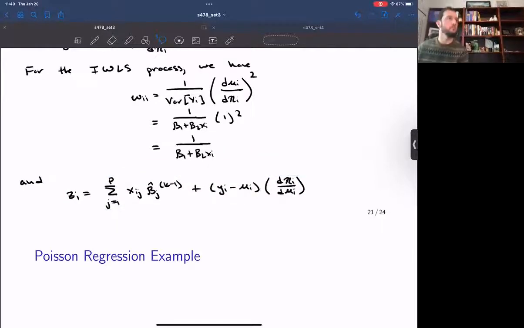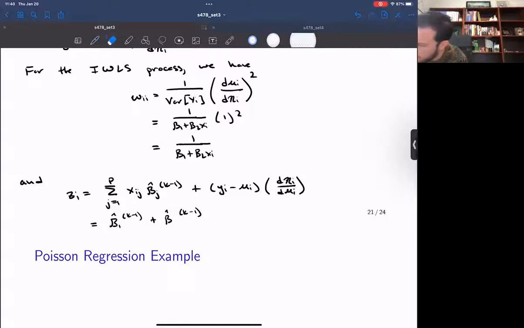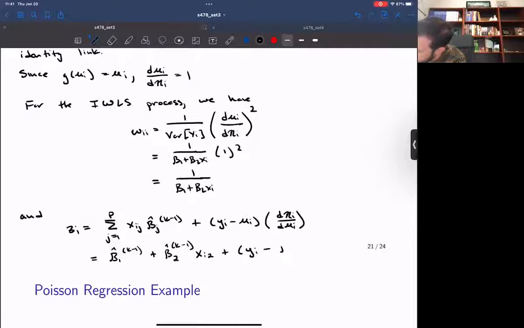And the z_i should simplify to beta hat 1 at k minus 1, plus beta hat 2 at k minus 1, multiplied by x_i2, plus y_i minus beta hat 1.